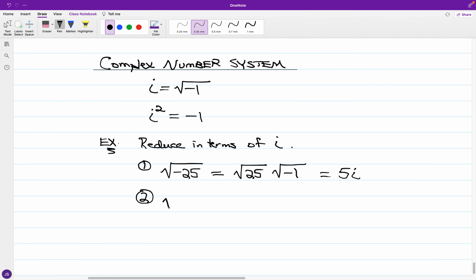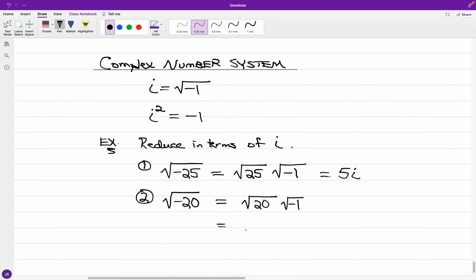And let's say I have something that's not quite a perfect square number, say the square root of -20. If I were to reduce, I can factor out the -1.